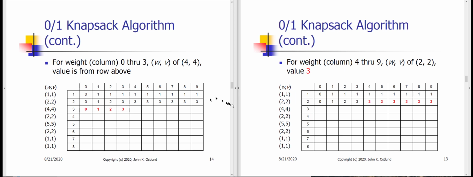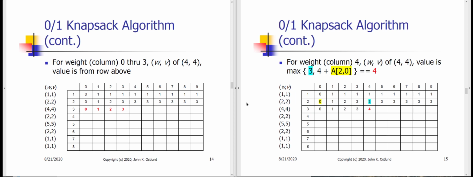When we get to a remaining weight of 4, then we have our choice between the maximum of 3 or the maximum of 4 plus the value that we had for a remaining weight of 0 in the previous row. That is, we've got a maximum of 3 or 4 plus 0, which gives us a 4.